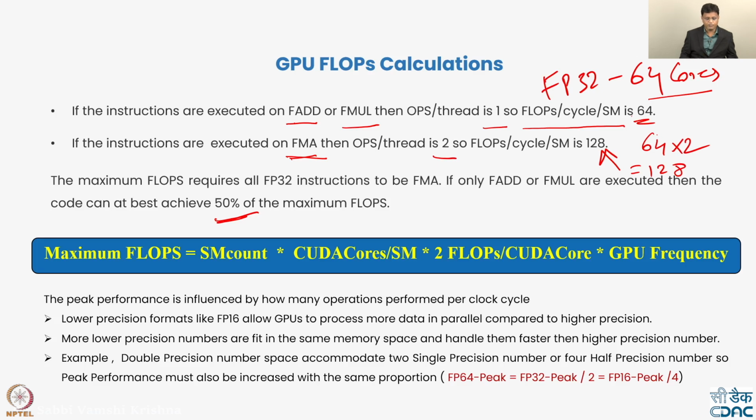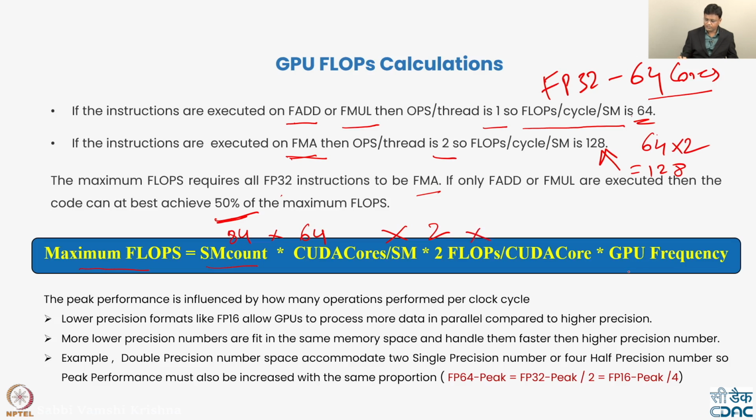So, let us discuss the formula for how we can calculate the maximum flops. What are the important things? First of all, you have to calculate the total SM count that is present. Suppose in a V100 card this is 80, then CUDA cores per SM. For FP32 you can think of 64. Then it should be multiplied by 2 as a standard, because I always want FMA to be used for maximum flops.